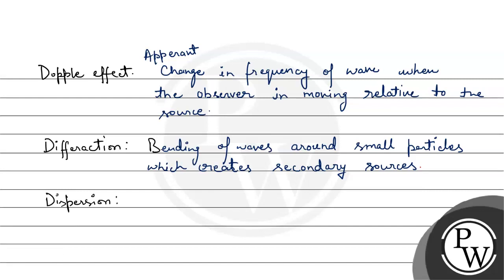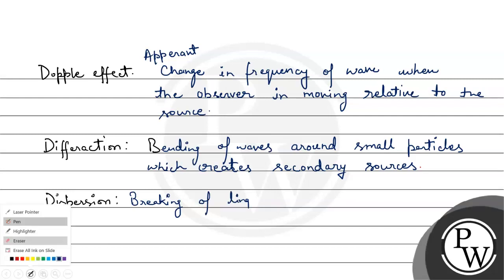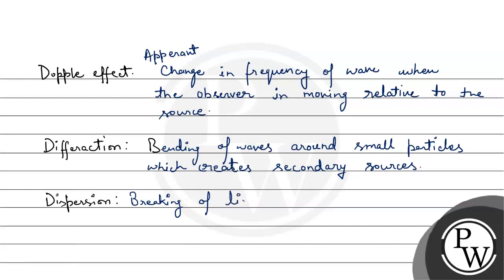Dispersion is the breaking of light into its constituents due to refraction and Snell's law.